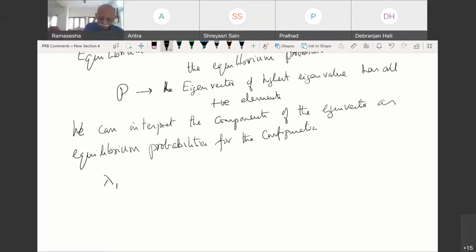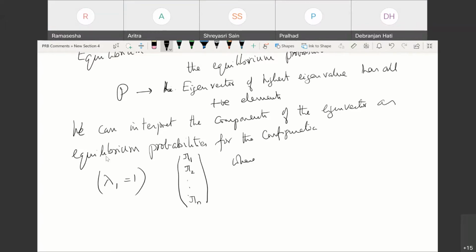phi1, phi2, etc., phi n, where all phi are greater than 0. And what do you mean by an eigenvector?